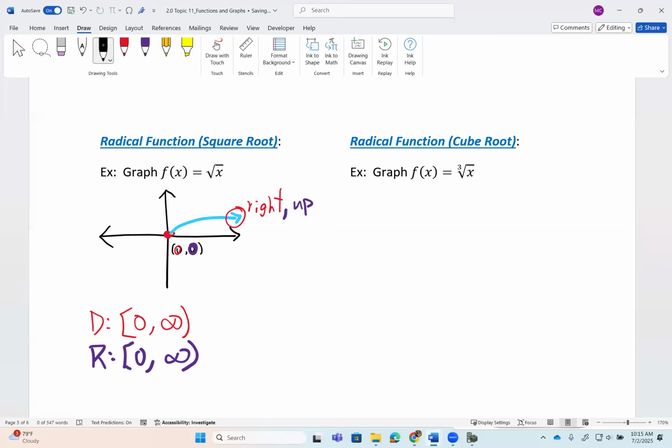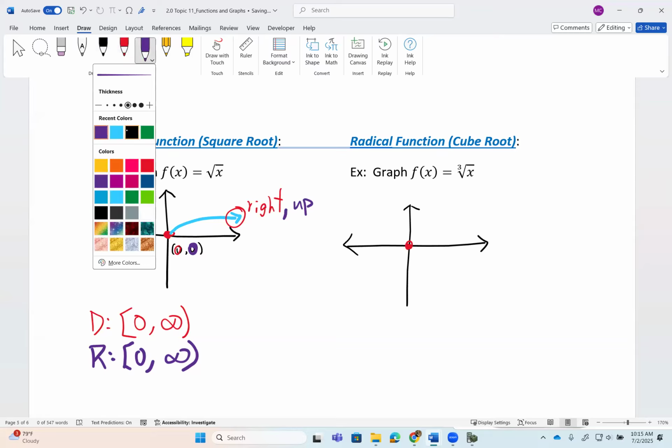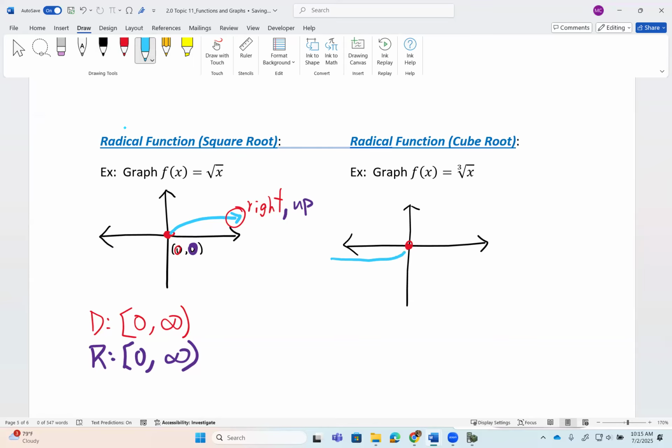All right, the cube root function is part of the radical functions. The word radical means roots. This one will look something like this. Again, it looks like it's flat, but it's not.